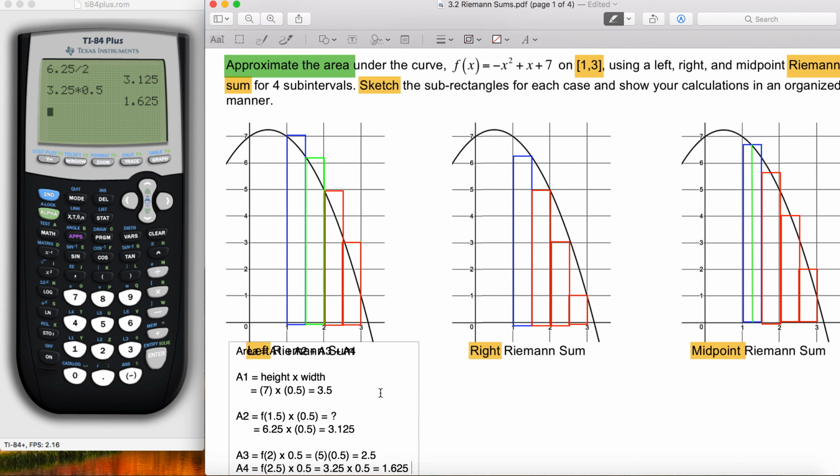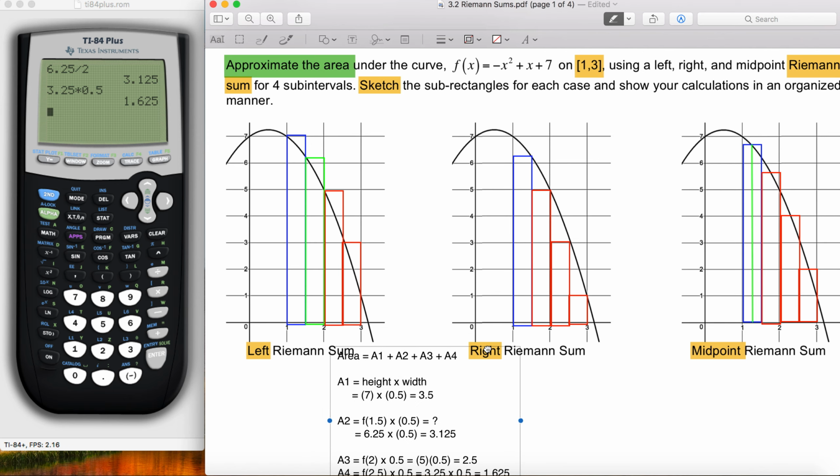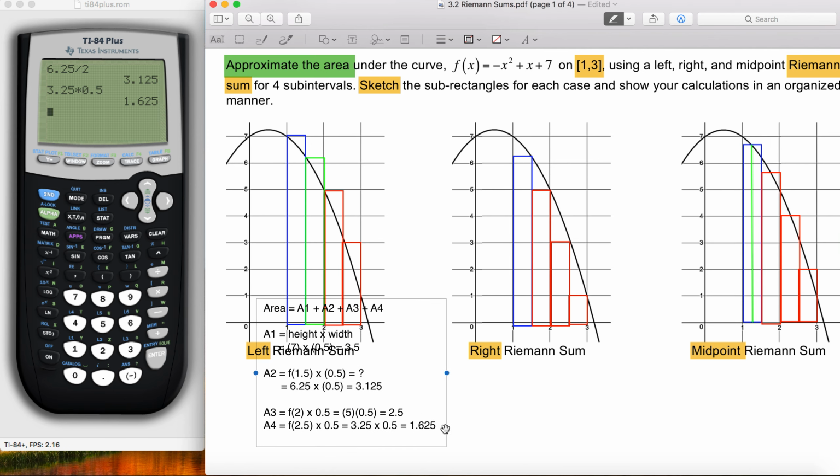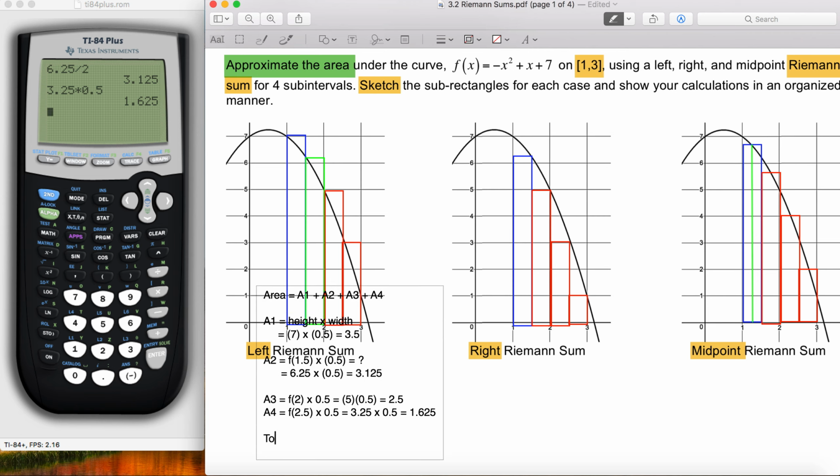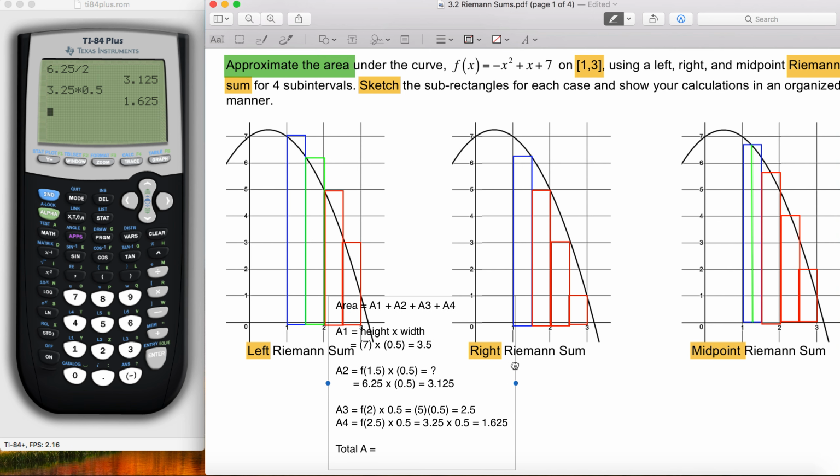And so when we add it all together, the total area is going to be 3.5 plus 3.125 plus 2.5 plus 1.625, and that'll give us a total value of 10.75. Okay.